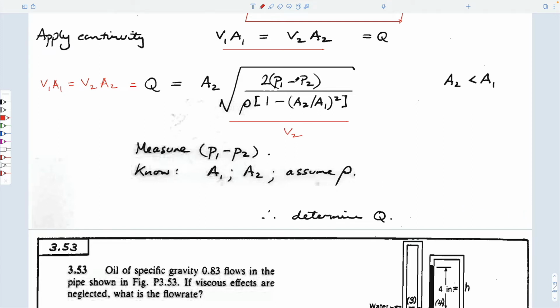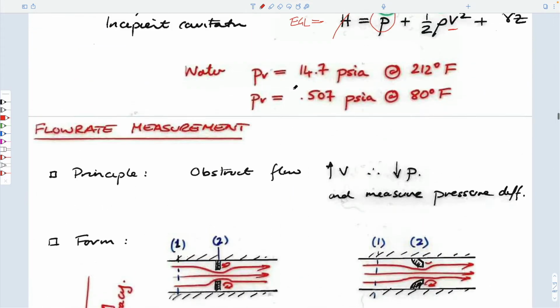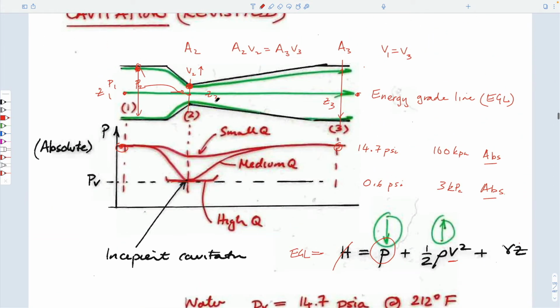I think a very interesting thing to notice is that this only relies on the differential pressure. And so if you want to measure the pressure at point 2 and point 1, you could use a pressure gauge that measures pressure 1 and pressure 2, but that's not very accurate because pressure transducers only work over a certain range, and maybe they measure to 1,000th of that pressure range.